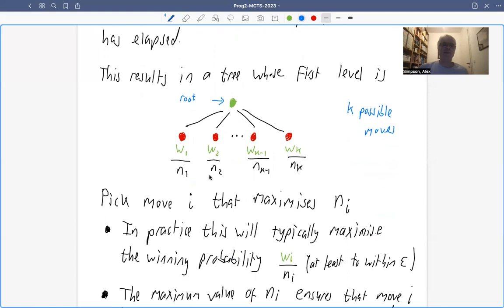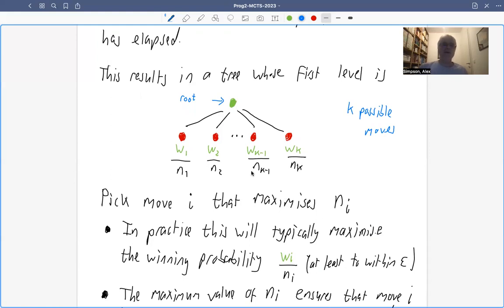In practice, because of the way the selection formula that I wrote works, this will typically maximize the winning probability anyway, at least to within some small epsilon. You're not going to be far off the maximum winning probability, and in almost all cases it actually maximizes it.